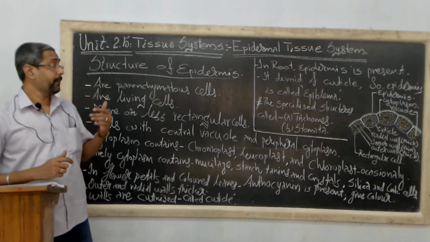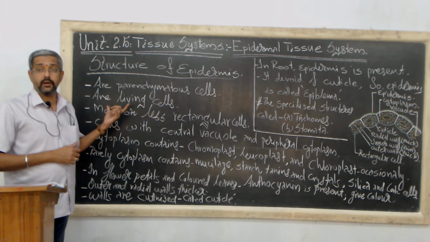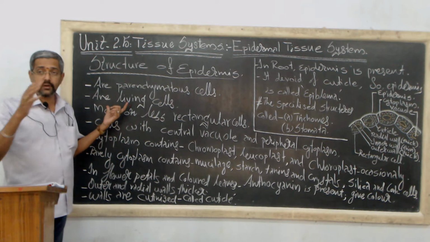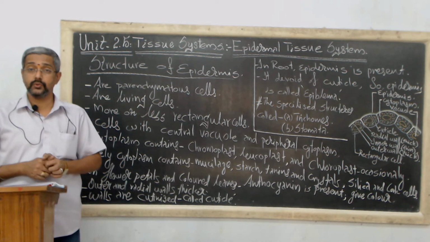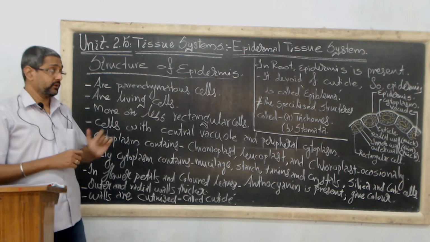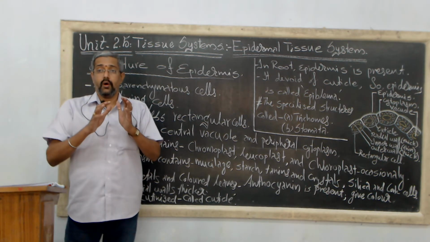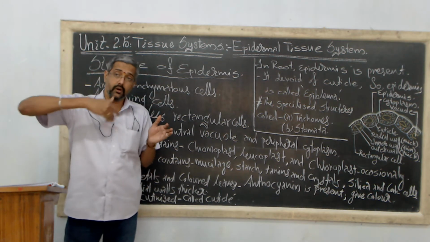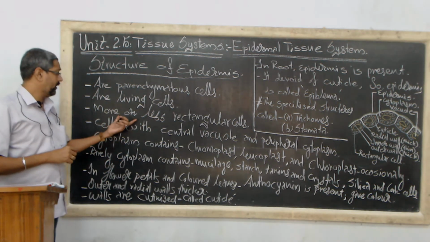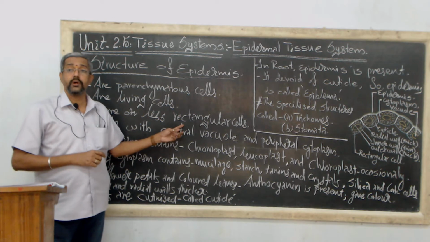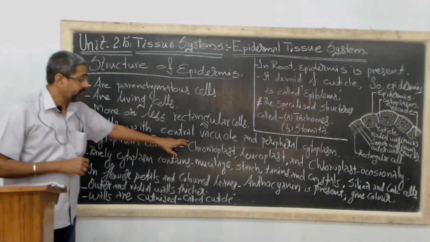But here the epidermal tissue has a specific arrangement in the peripheral part of the plant body, and it has a particular function also. Because these epidermal cells are oriented in the peripheral part of the plant body, the cells are more or less rectangular, with a central vacuole.